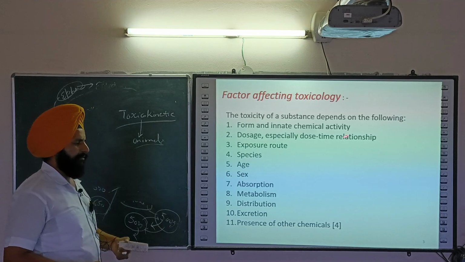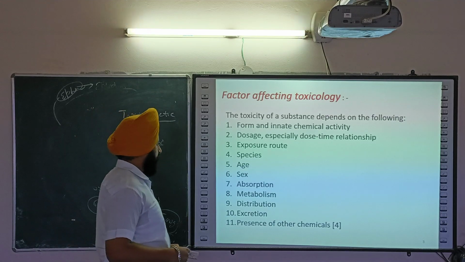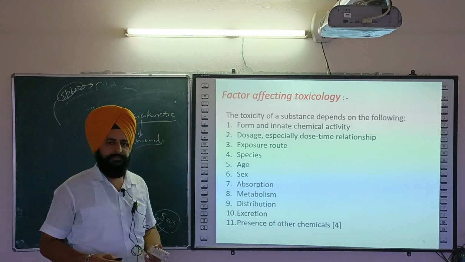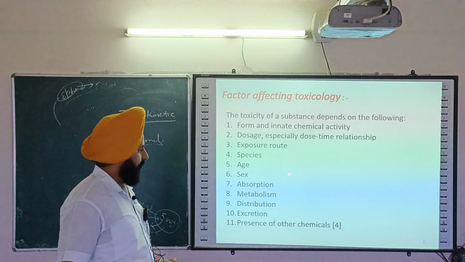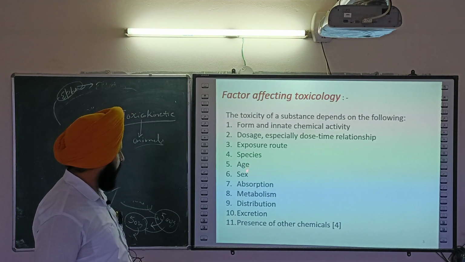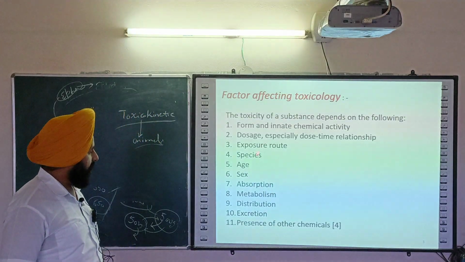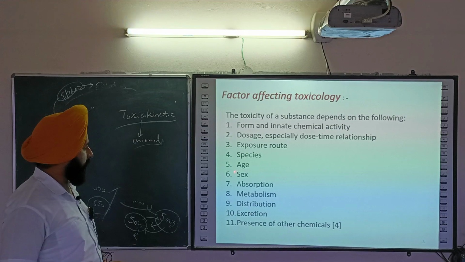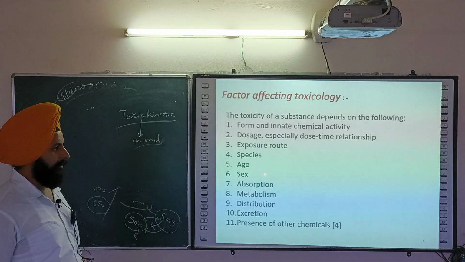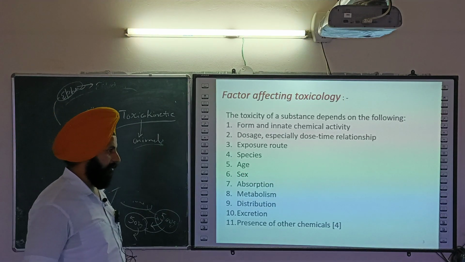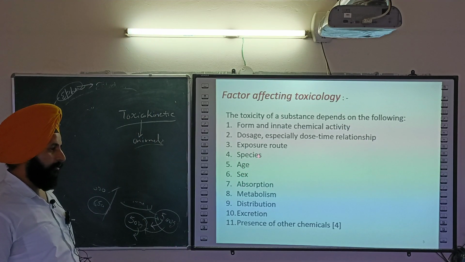I will give a very simple example: in small children having the age of 6 to 12 years, the glomerular filtration rate is faster as compared to an adult. And in old age, the glomerular filtration rate is slower as compared to the adult, approximately 80 to 100 ml per minute, while in an adult it is about 120 to 130 ml per minute, but in small children it can exceed 150 ml per minute. So age is also an effect.